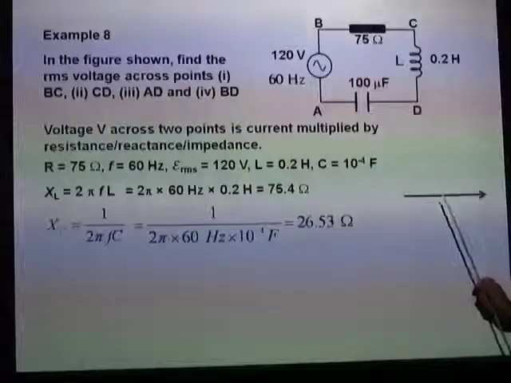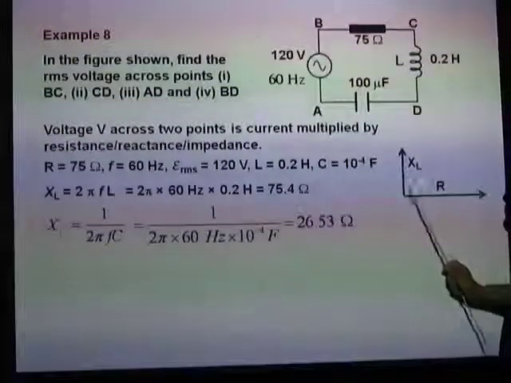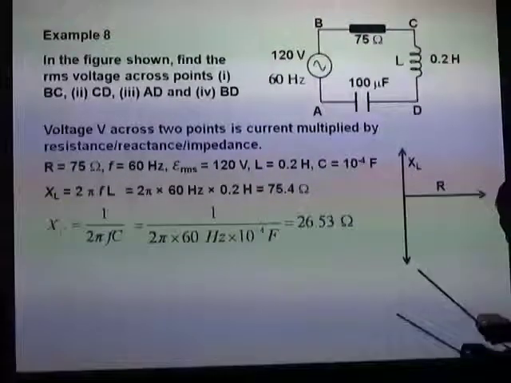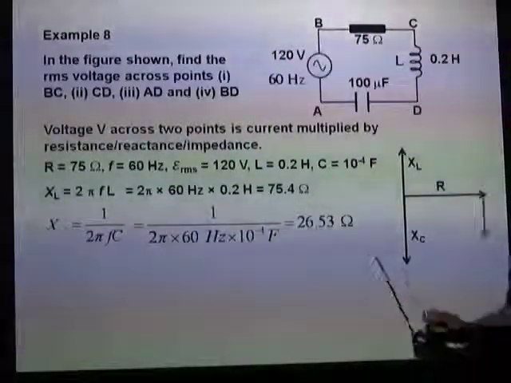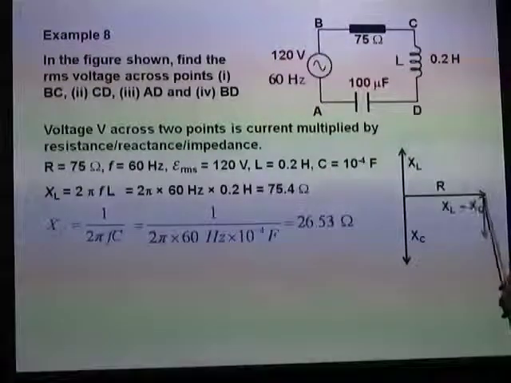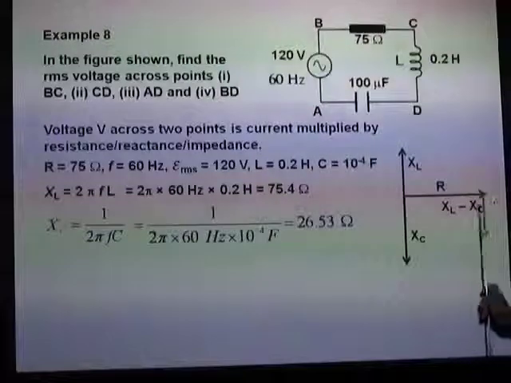So, we have R, and that's your XL, and that's your XC. I hope you remember that diagram. Now, the yellow line, I think it has gone out of the screen.